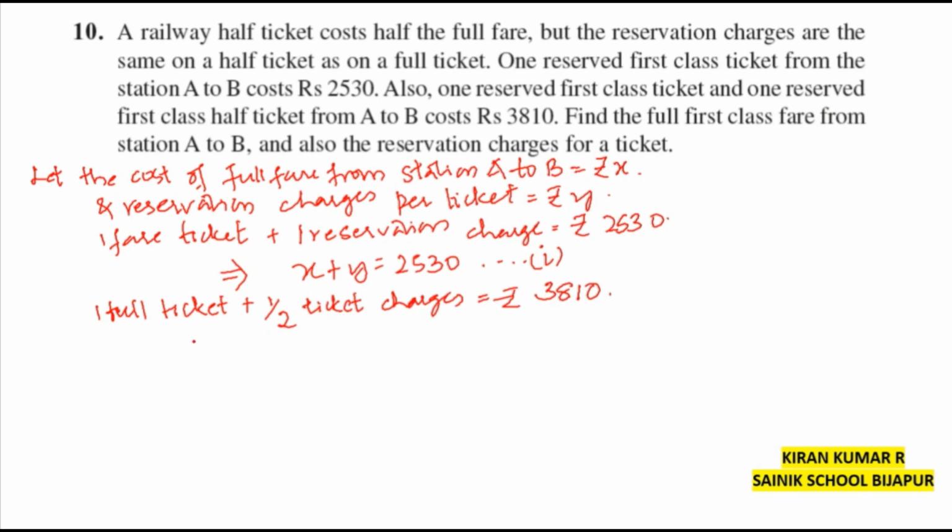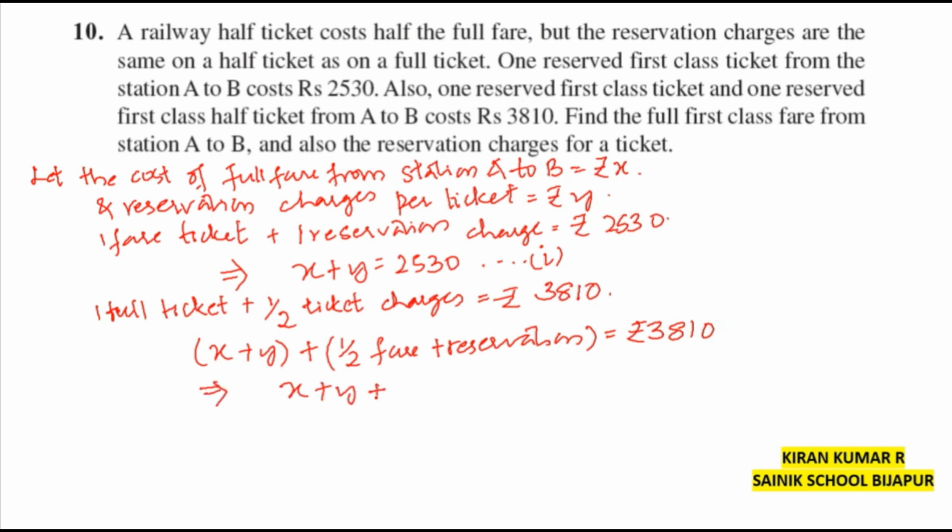It means X plus Y plus half of fare plus reservation charges will be rupees 3810. This implies X plus Y added to half of X plus the reservation charge Y is equal to 3810.